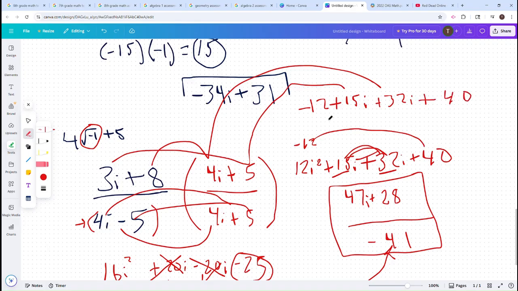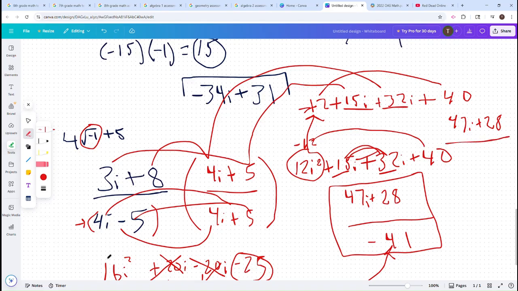Now, when we have the i squared, well, I'm saying negative 12. So we had this 12i squared becomes negative 12. So we have 15i plus 32i, which is 47i. And then we had negative 12 plus 40, which is plus 28. We have 47i plus 28.